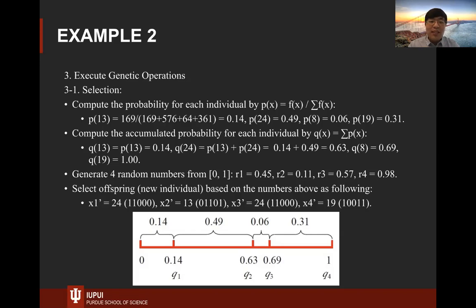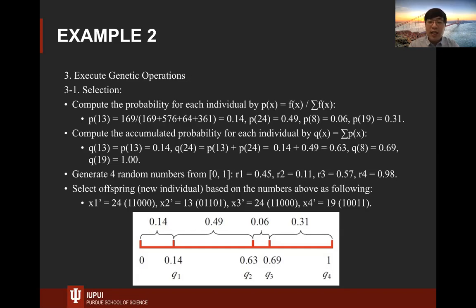Note that the individual with a higher fitness score has a higher probability to get more offspring. So here you can see individual 2 has the highest fitness score, 576.